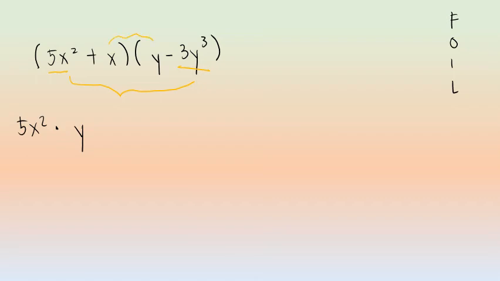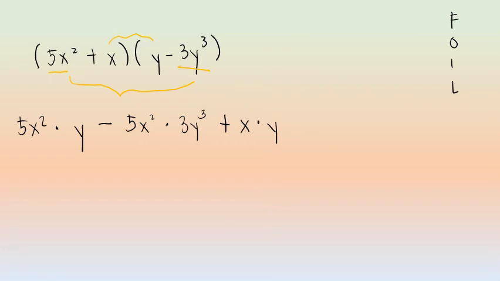So the outer is positive multiplied by negative. Positive times negative is negative. So negative 5x squared multiplied by 3y cubed. Followed by your inner, positive x and positive y. So that is plus x times y.